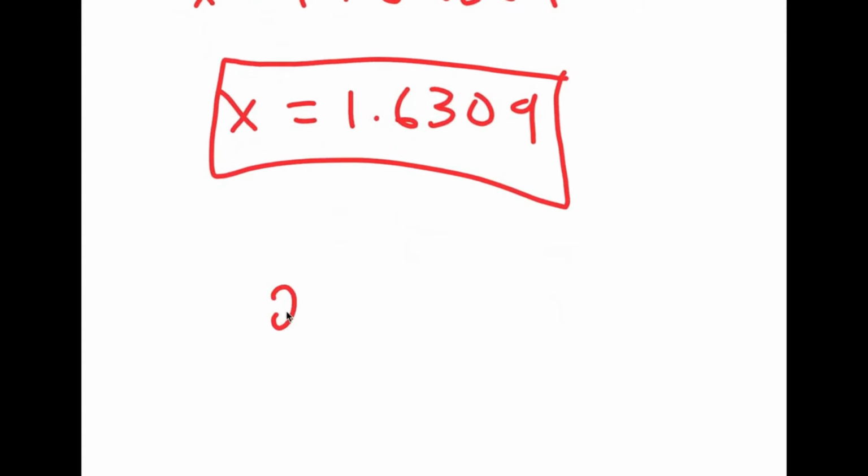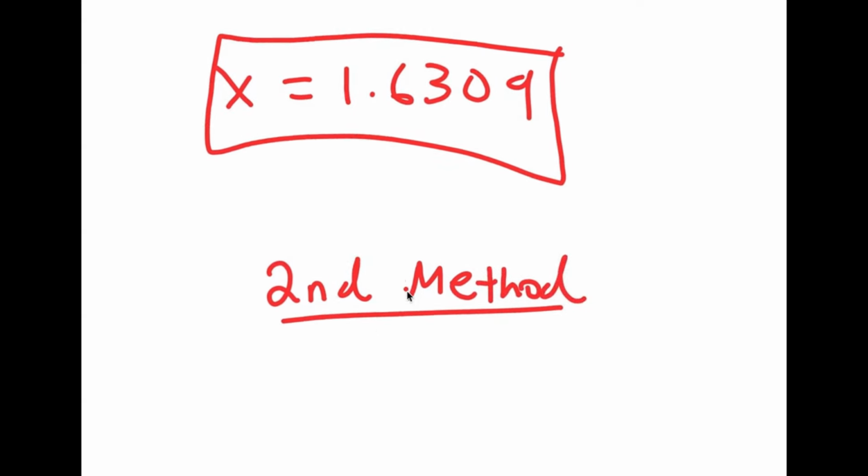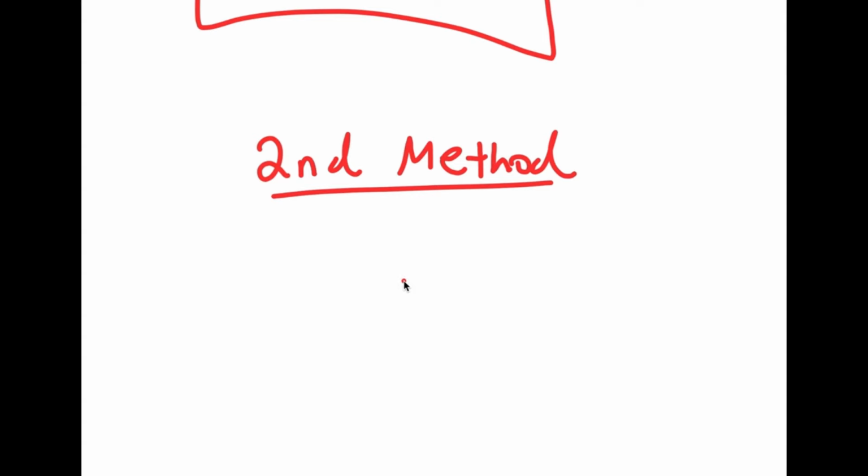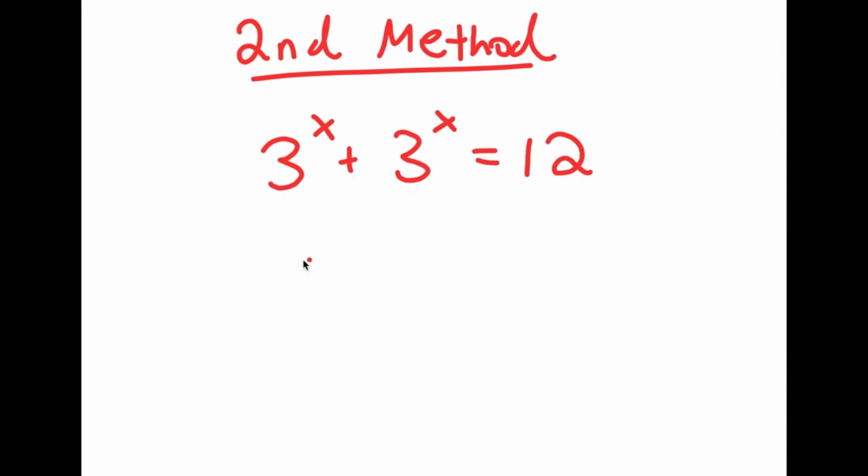Now I actually have a second method of solving this problem. So my equation was 3 to the power of x plus 3 to the power of x is equal to 12. And I'm going to start, like I started with the first method, by factoring out 3 to the power of x for my left-hand side.